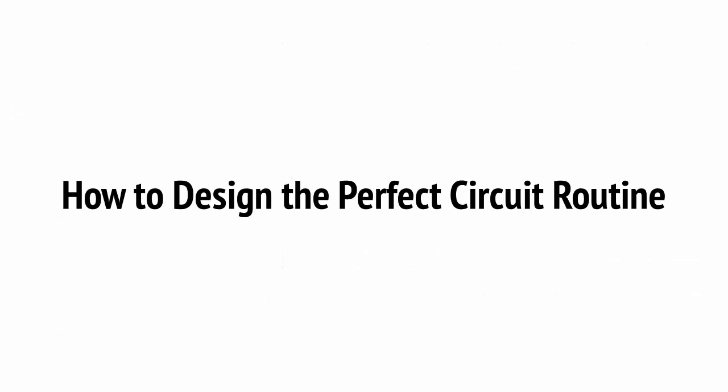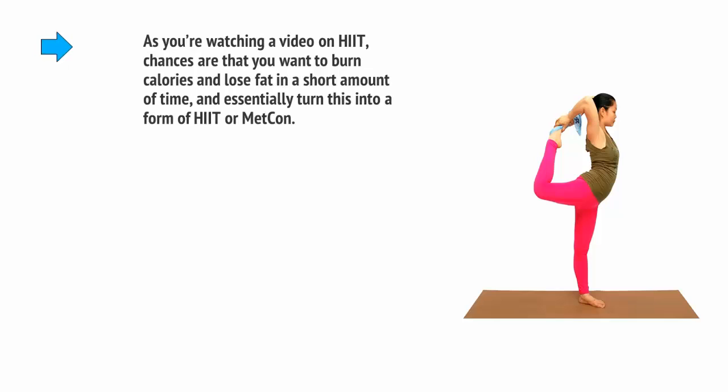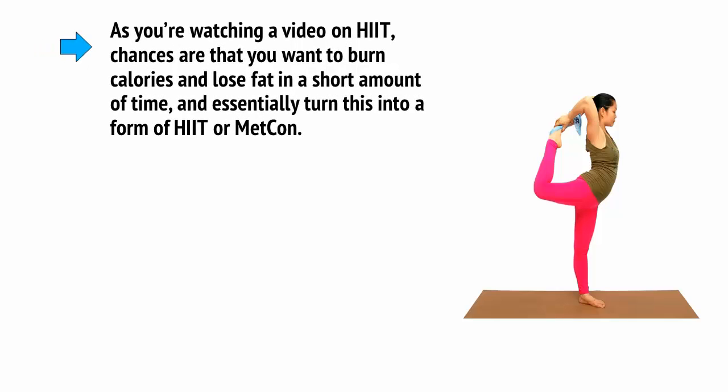The first thing to consider before you begin your circuit plan is exactly what it is you hope to achieve through it. As you're watching a video on HIIT, chances are that you want to burn calories and lose fat in a short amount of time, and essentially turn this into a form of HIIT or Metcon.